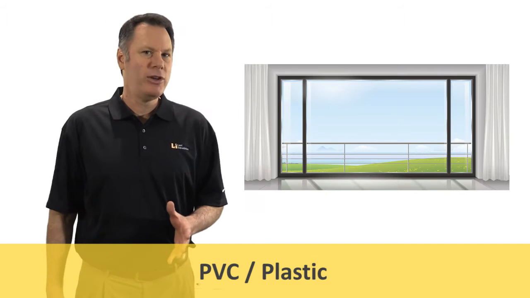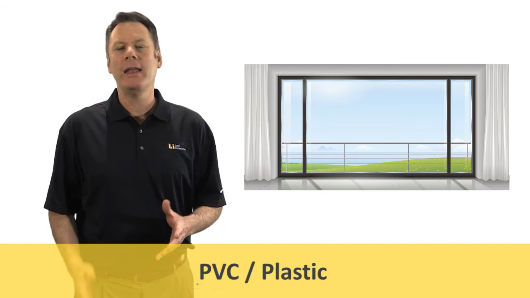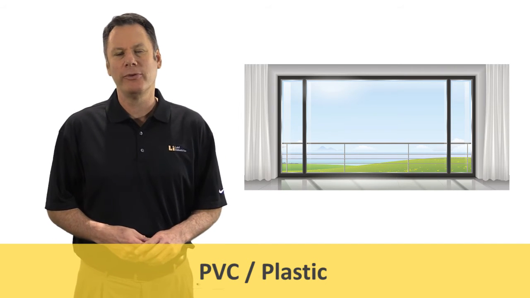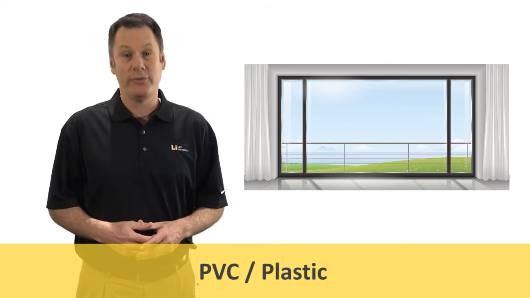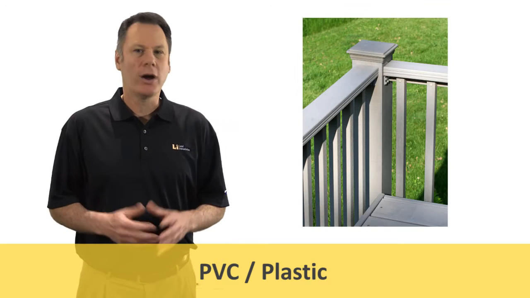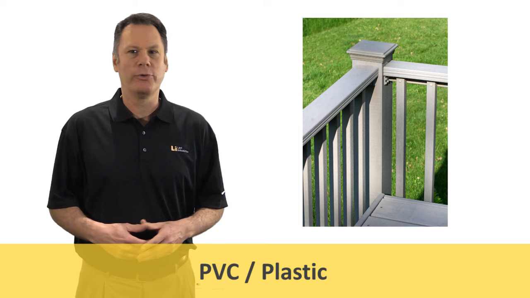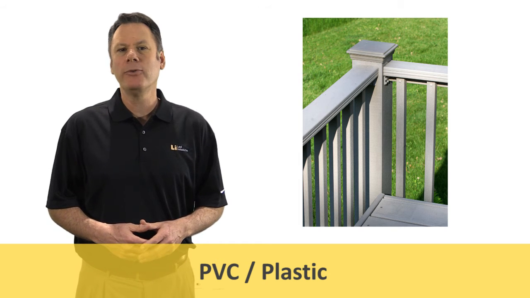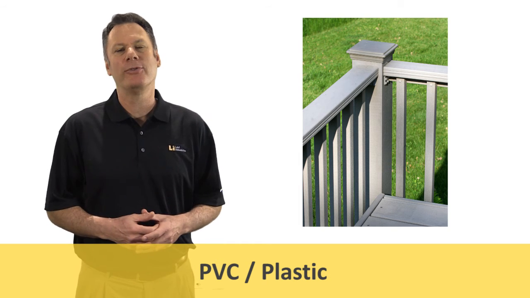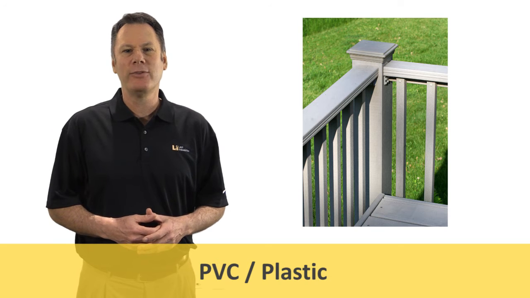However, in some geographic locations, the sun and extreme hot or cold temperatures can affect its appearance and longevity. The posts are commonly reinforced with aluminum or steel, and with today's metal-to-metal connections and hidden fasteners, the aesthetics of the railing systems remain intact.